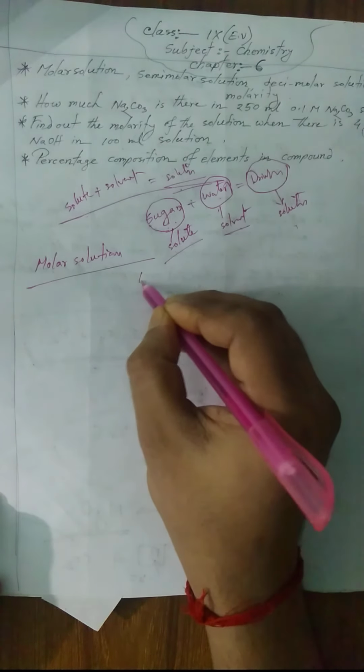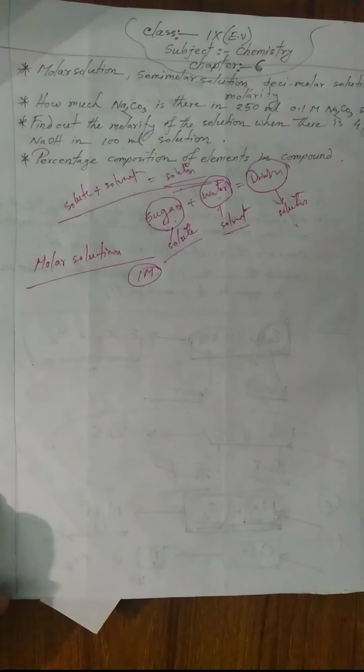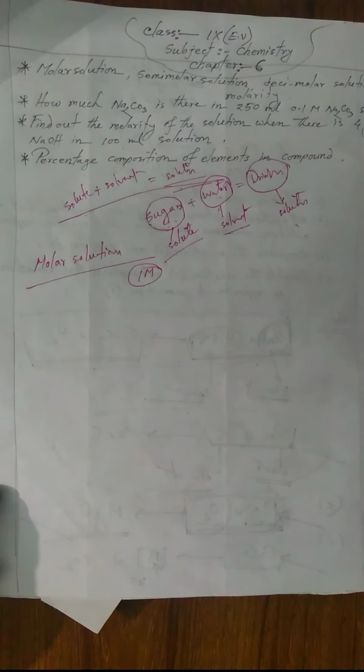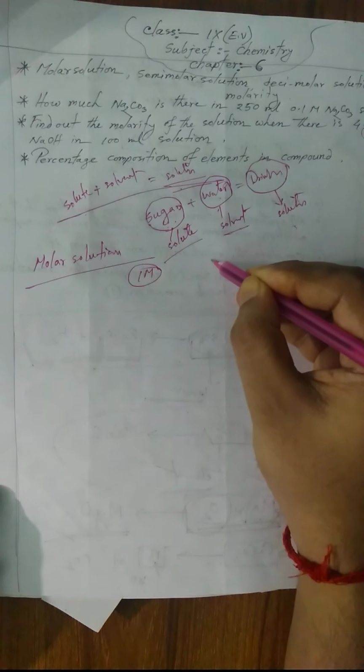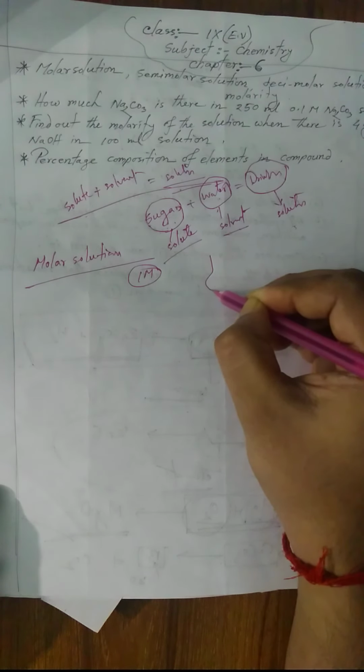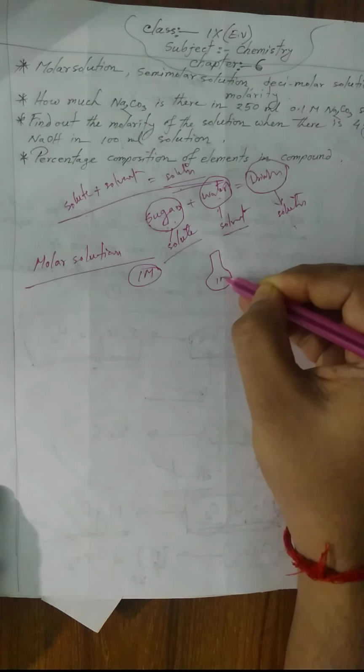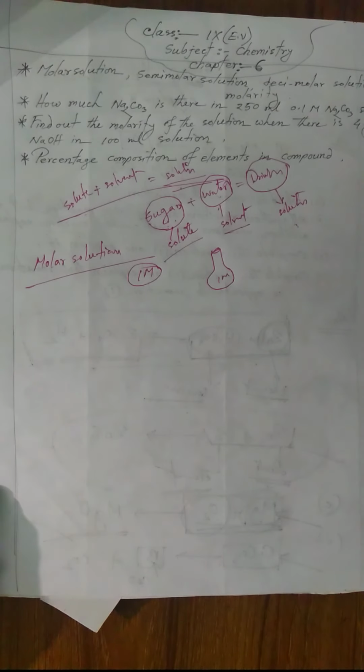Molar solution is denoted by 1M. Whenever any container is labeled with 1M, it denotes it is molar solution.